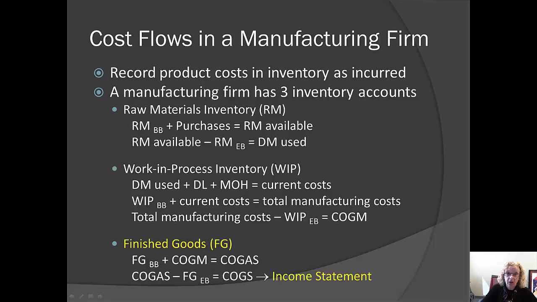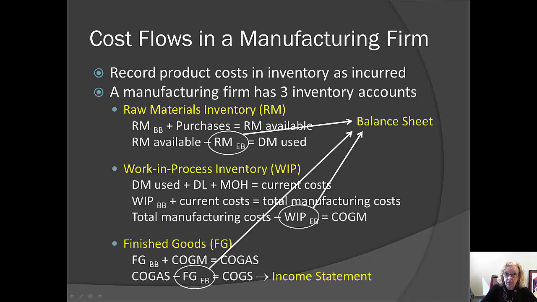And that number goes on the income statement because all of the units that we did sell generated sales revenue, and because of that we can match the cost of those goods to the revenue that they generated to find gross profit.